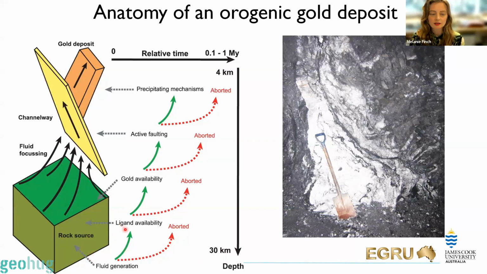That fluid finds a ligand. The ligand finds gold, and then that gold-bearing fluid finds a channel way. This is a fault that is tens of kilometres in scale. Then in the shallow crust, on second and third order structures, the gold deposit forms.